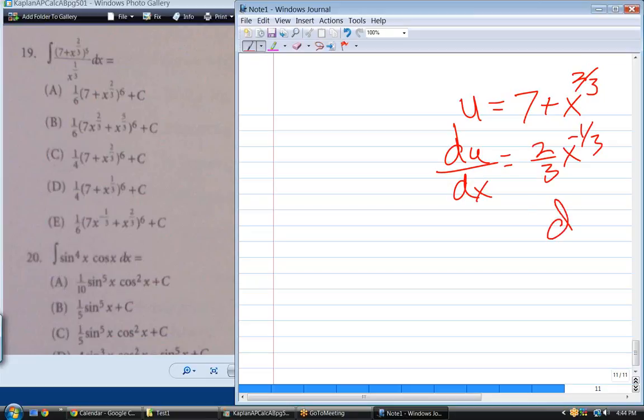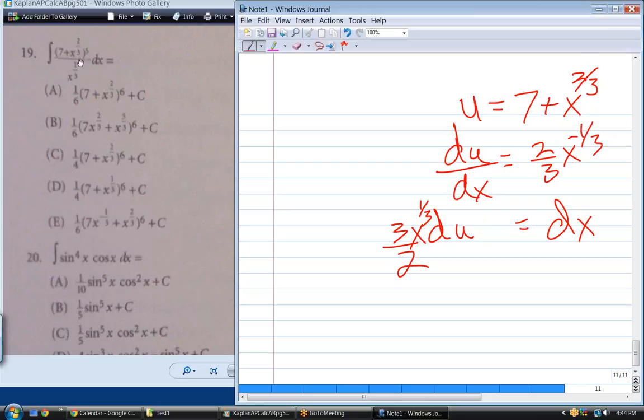So that when I go and solve for dx, I get du divided by this whole thing, which is the same as multiplying by the reciprocal. Like that. So that's what dx is, let me write it where the x is in a proper position.